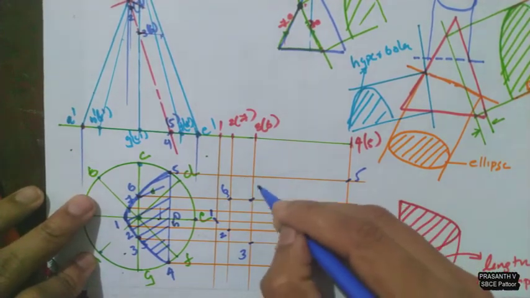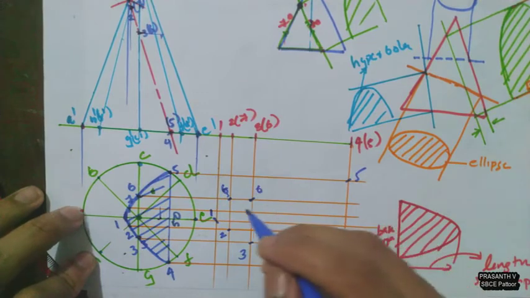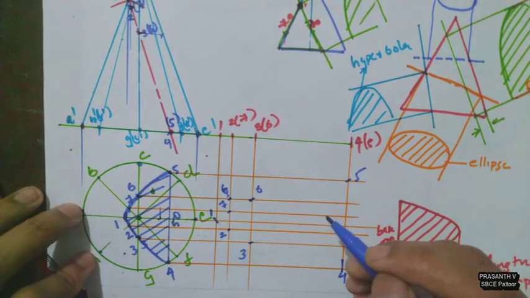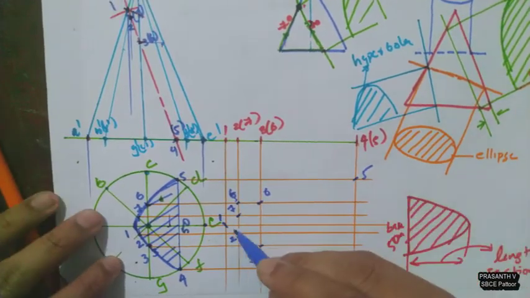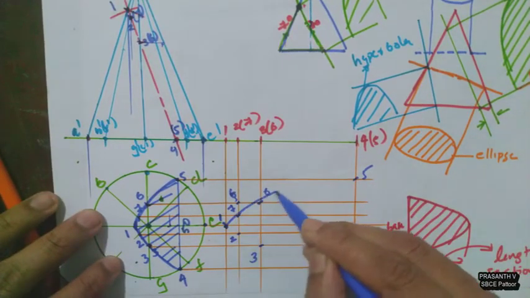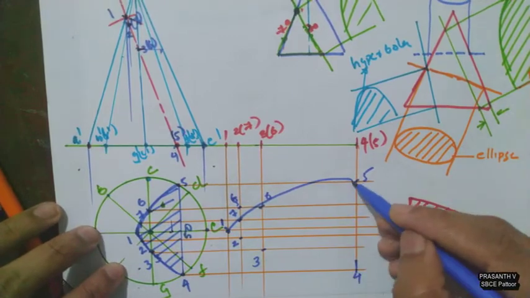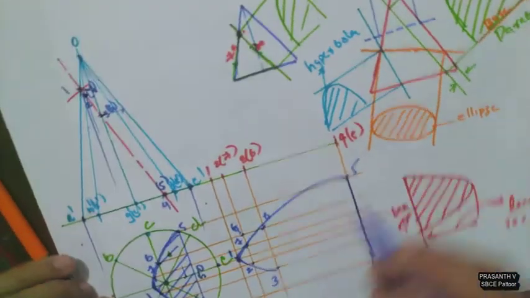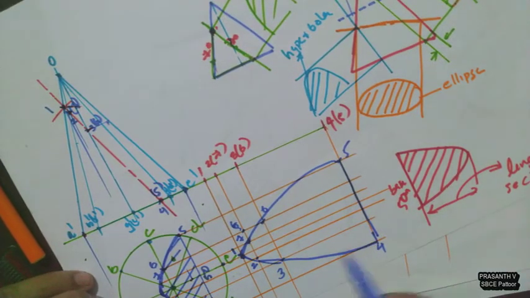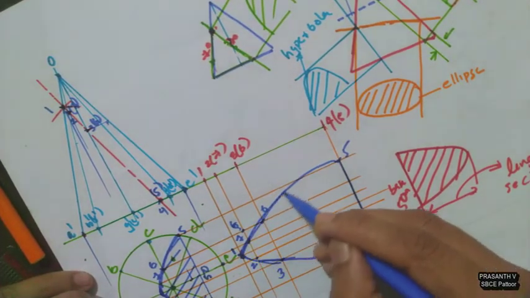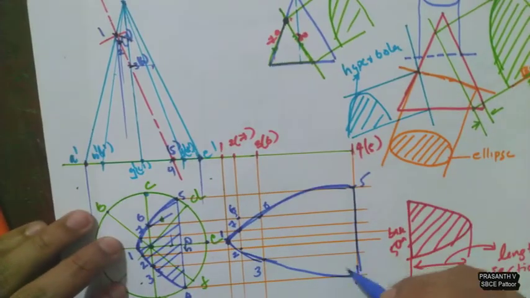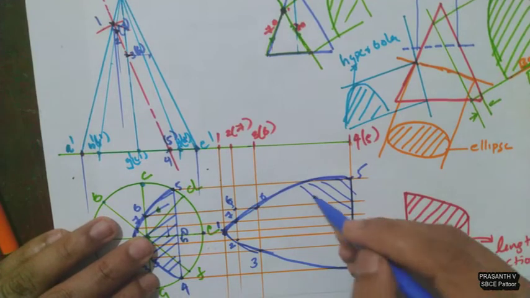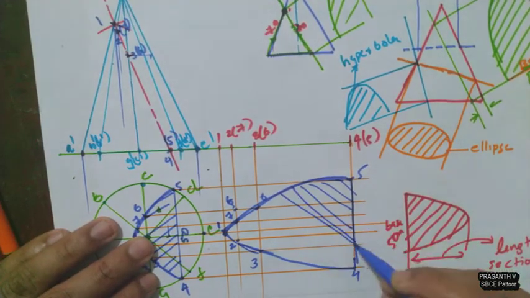This point is 6, not this one, and 7 will be this point. Now just join all these points to obtain the parabola. So this will be the true shape of the section obtained, the parabola.